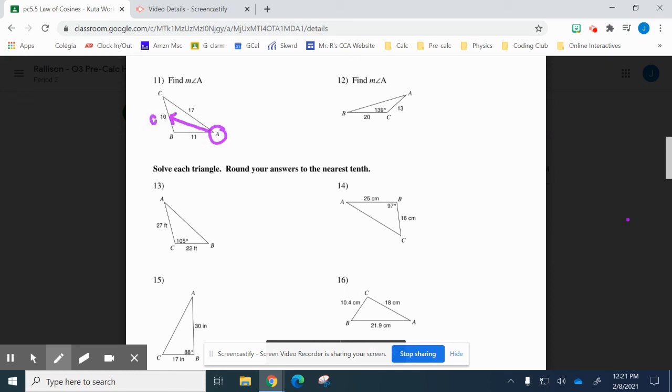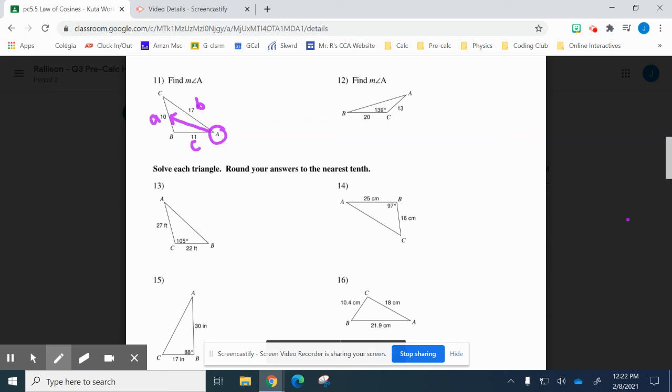So that's going to be side A, and then that's going to be side B, and that's going to be side C. In this instance, I'll just set this up for you, and you'll be in charge of doing the actual algebra so I don't make this video too long.